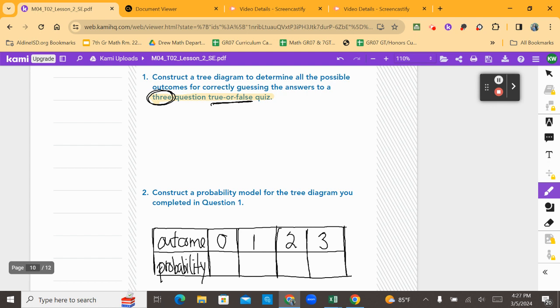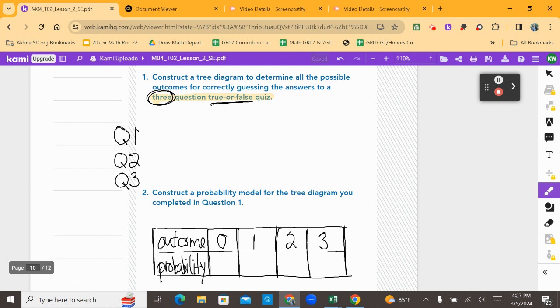So let's get started. Here we know we have 3 questions. So that's 3 different events: question 1, question 2, and question 3. Me personally, I like to put it off to the side so I know what my branches are going to represent and what my outcomes are going to be. So for question 1, I know it can either be true or false.